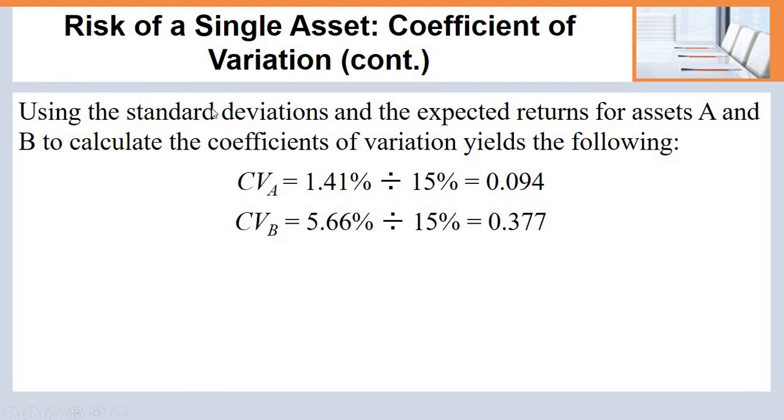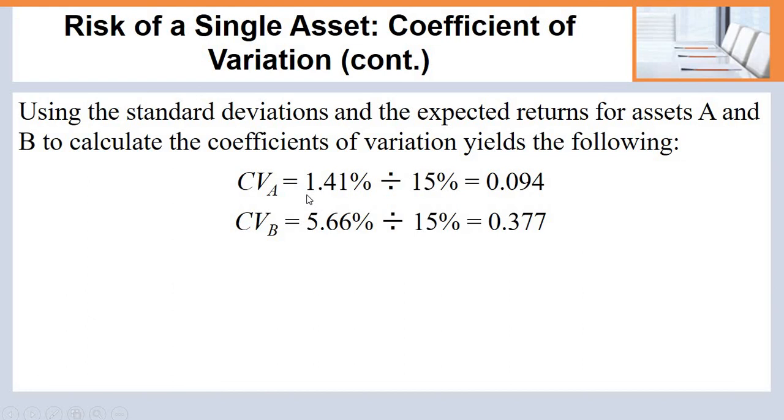Using the standard deviation and expected rate of return for asset A and asset B, we can calculate the coefficient of variation for both assets. The coefficient of variation for asset A is 0.094 and for asset B is 0.377.